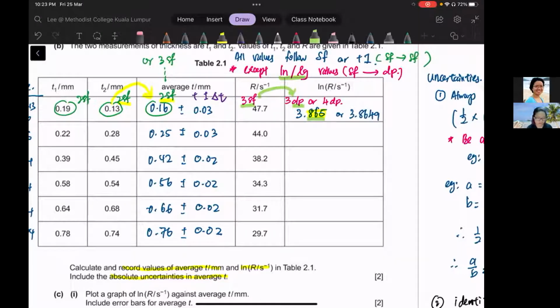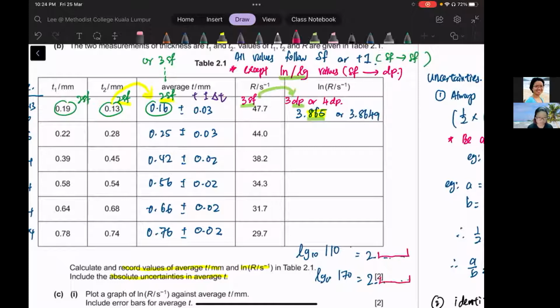An easier way to understand this whole meaning thing is to use log base 10. For example, if I take log base 10 of 110, and then log base 10 of 170, these will all be 2 point something, because it's 10 to the power of 2. So this 2 point something doesn't really give me information about the precision of the data.